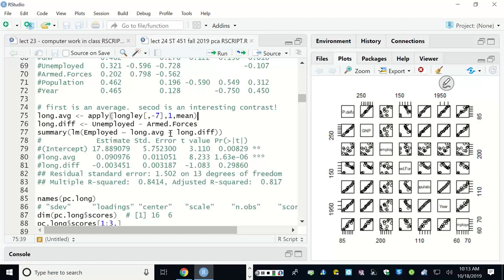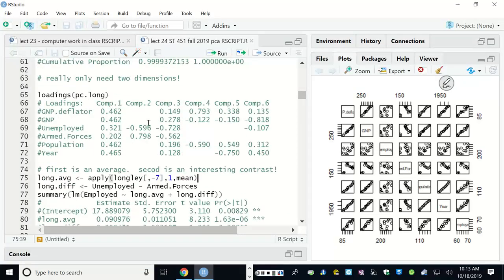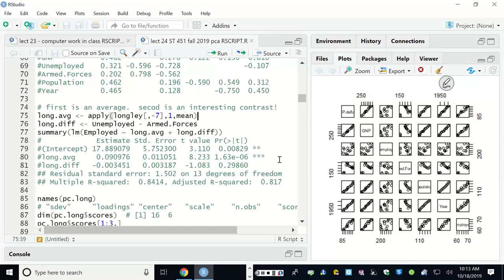So this would be the estimated coefficient. This one only gets an R² of 0.84. Before we were dealing with like 0.99, and we know that GNP by itself is higher than that. If you wanted to use these 2 variables, principal components would suggest you take something like an average and something like this contrast to put in there. And then the first one is significant and this difference is not, but anyway.